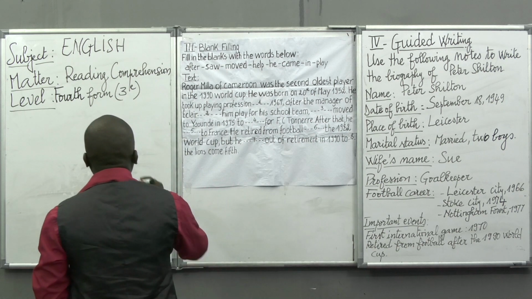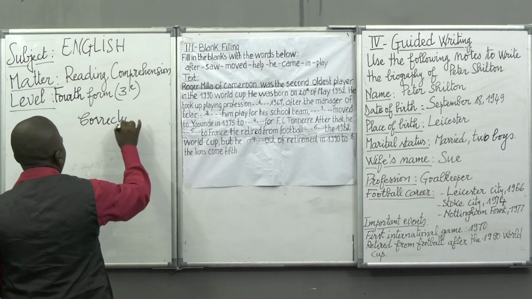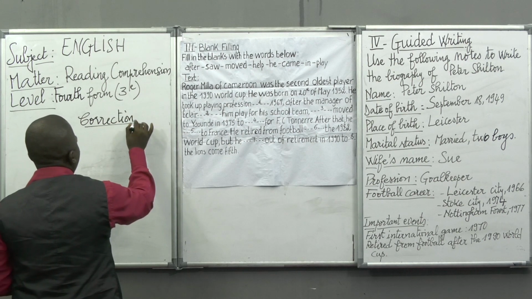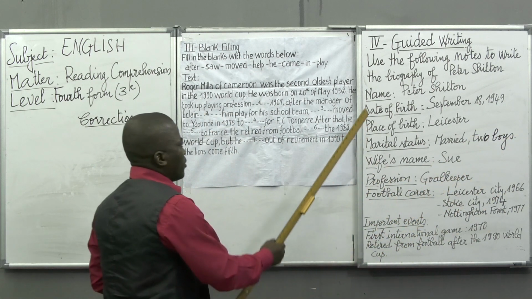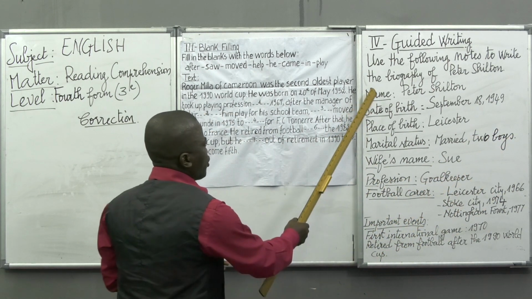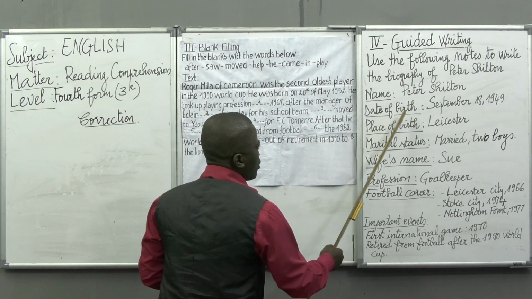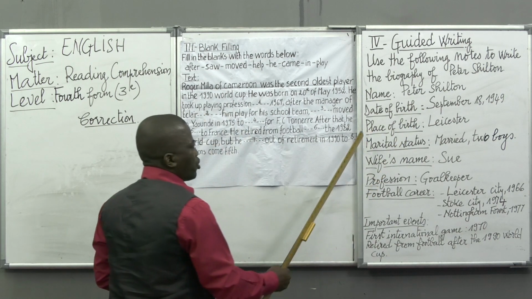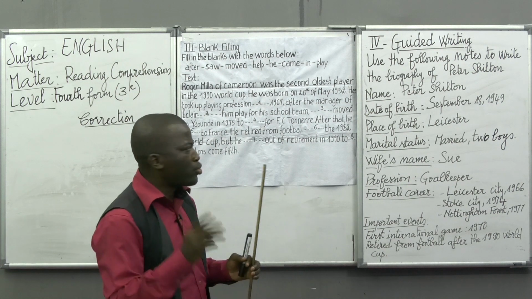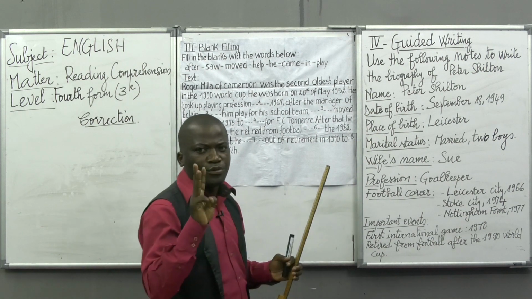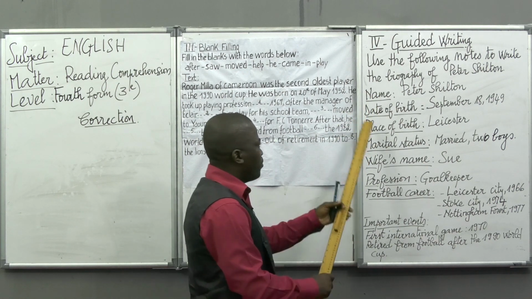Now, let's come to the correction of that exercise. At the very beginning, we should write the name, Peter Shilton, and talk about his date of birth, also his place of birth. Let's take those first three things: name, date of birth, place of birth.